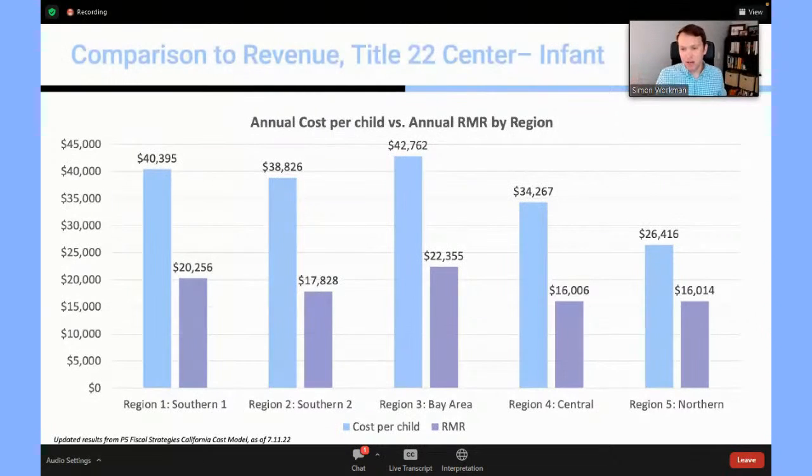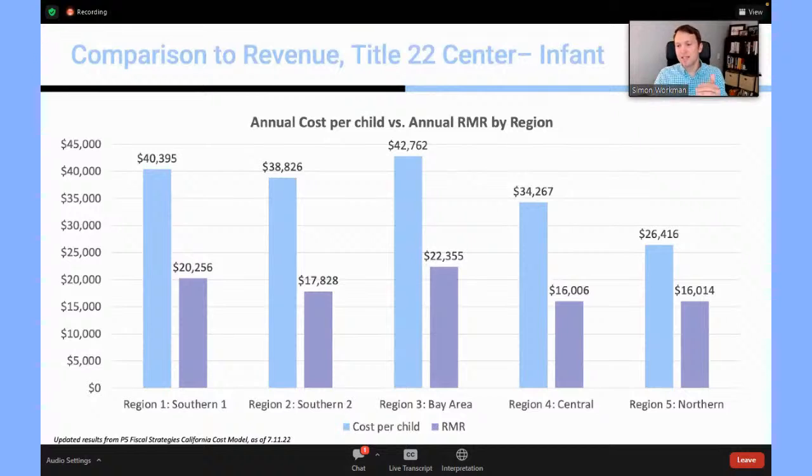This chart is for an infant. We were able to look at the RMR data and create an average for that region based on the counties in that region. And what you can see here is in all cases, obviously the purple bar, the amount of revenue you can get for that Title 22 program, is significantly lower than the estimated cost, which is shown from the blue bar.